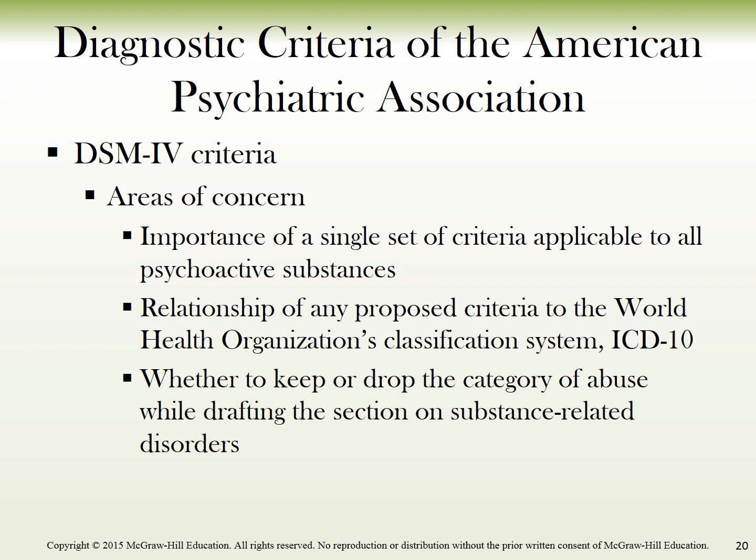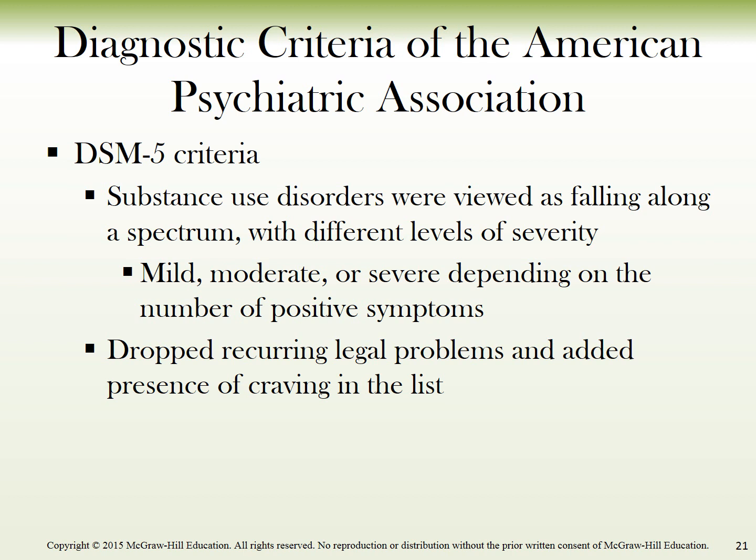It ultimately stayed in; a category of abuse was retained in the DSM-4 criteria. But what you're going to see is that the DSM-5 criteria have now dropped reference to the diagnosis of substance abuse. We now call it all substance use disorders.